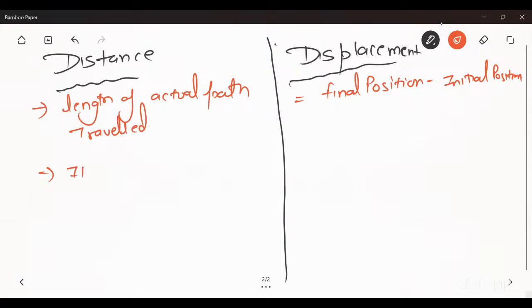The SI unit of distance is meter, and the SI unit of displacement is also meter.